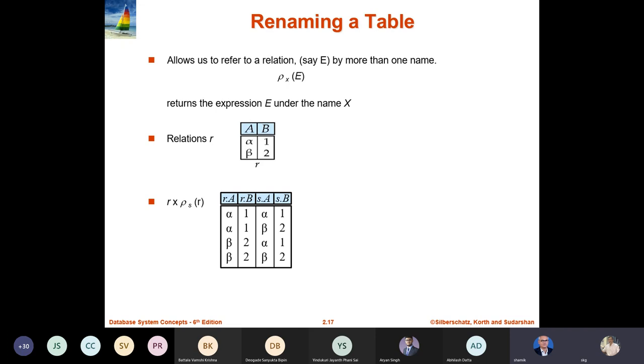So we take relation R and rename this R as S, and then if we do a Cartesian product, we are doing R cross R, but renaming it as S. So we have R dot A, R dot B, S dot A, S dot B as the four attributes of the resulting relation or table. Okay.